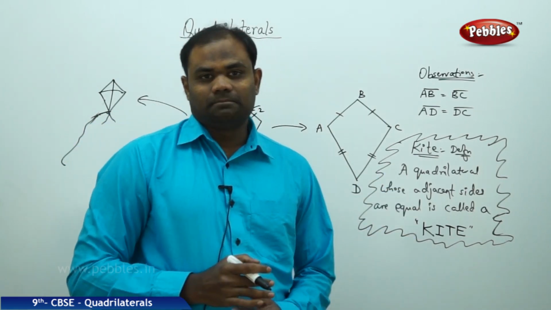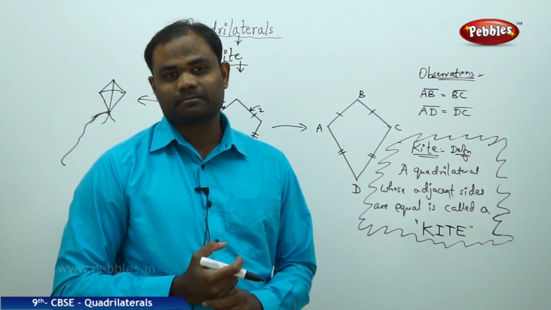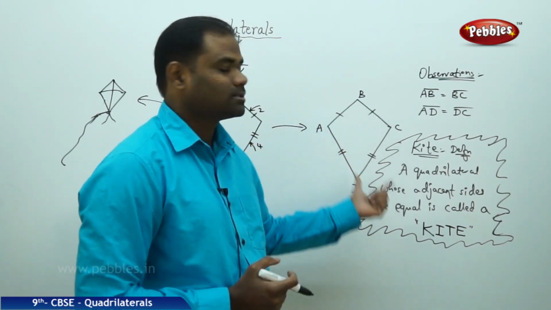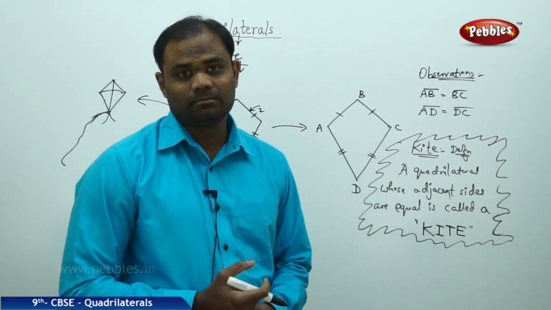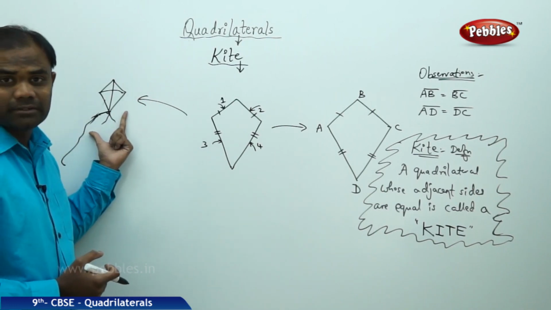A quadrilateral with adjacent sides equal is called a kite. A special case of a quadrilateral whose adjacent sides are found to be equal. Kite as a quadrilateral. Kite as a flying kite.